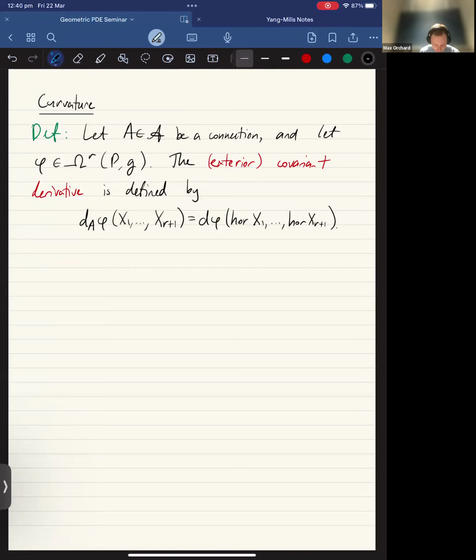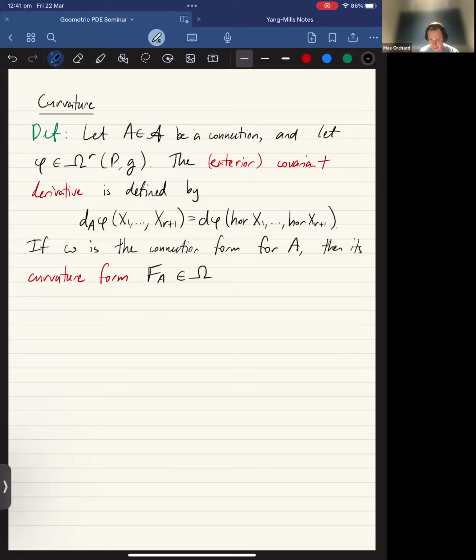If we apply this to the connection form for A, then its curvature form, which I'm going to denote with F sub A, and this is going to be a Lie algebra valued 2 form, is given by the covariant derivative of the connection form itself.